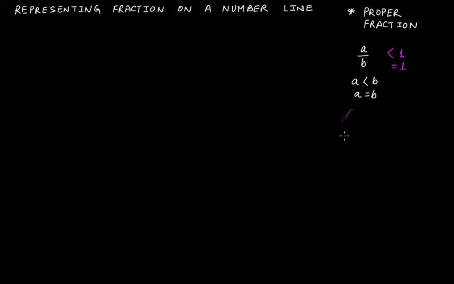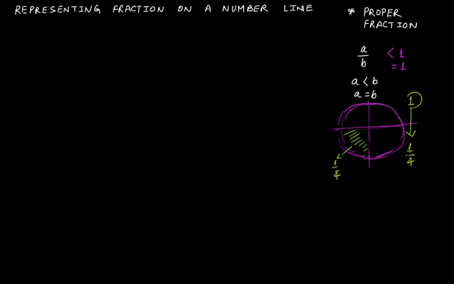So if this is a pizza, and let's suppose it's perfectly circular in shape, and we divide this pizza into 4 equal parts, then you have a single unit or a whole pizza, and out of this you are taking out something. If I take out 1 by 4, it means I'm taking out 1 by 4 from this whole single unit, that is a pizza. That makes sense and tells why this value will be less than 1.